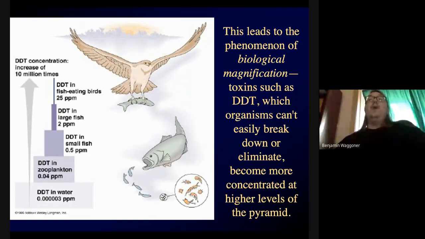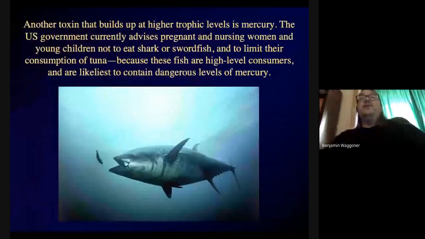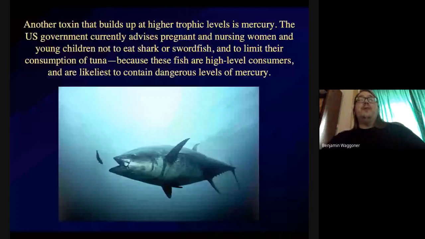The higher up you go on that trophic pyramid, the greater the concentration of certain chemicals that can't be broken down or excreted. This is also the reason why the US government currently advises pregnant and nursing women and young children not to eat shark or swordfish and limit their consumption of tuna.